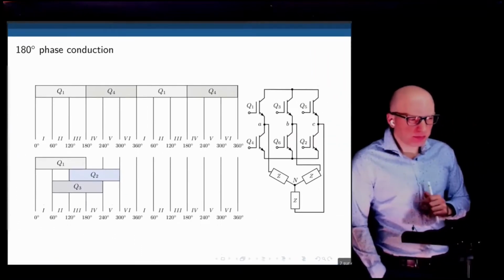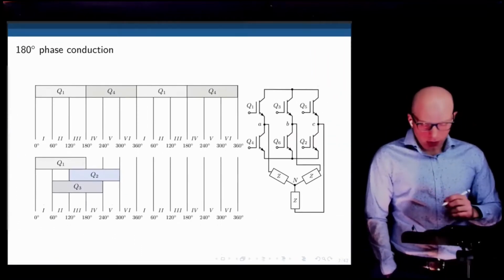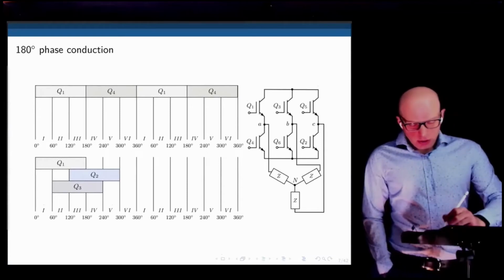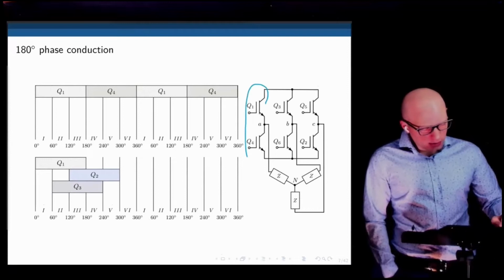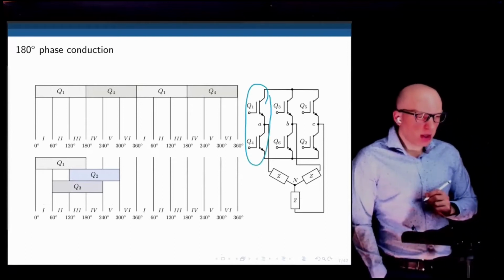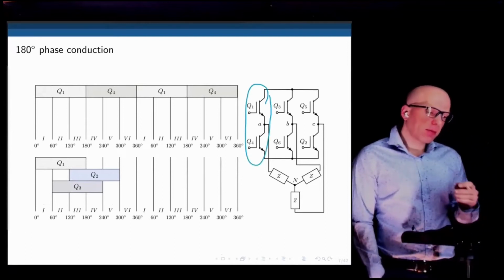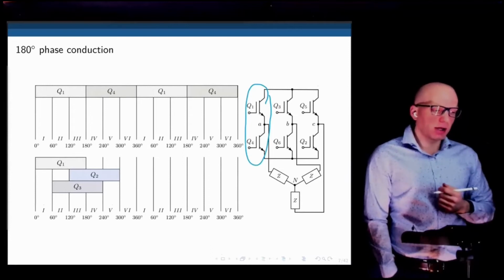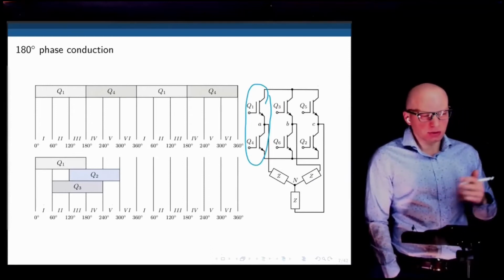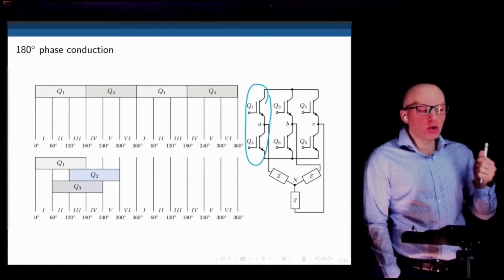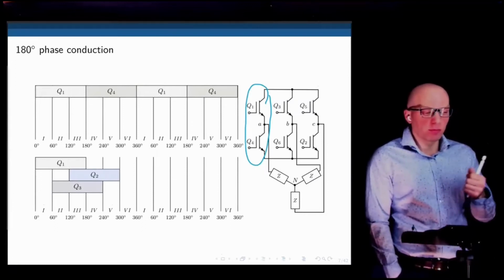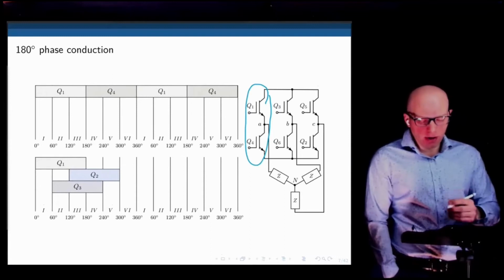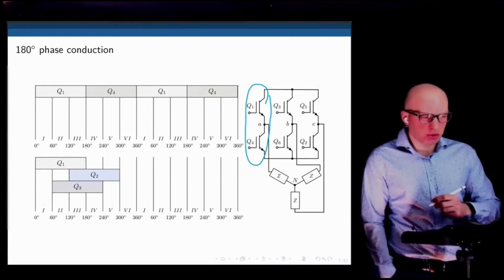So let's see an example here. We have our H bridge with 3-phase inverter, and we're going to take one leg, let's say this one, and specify the time each transistor in that leg conducts. As we saw before, only one transistor in the same leg can conduct at a given time. If both transistors conduct at a given time, then we essentially created a short circuit.